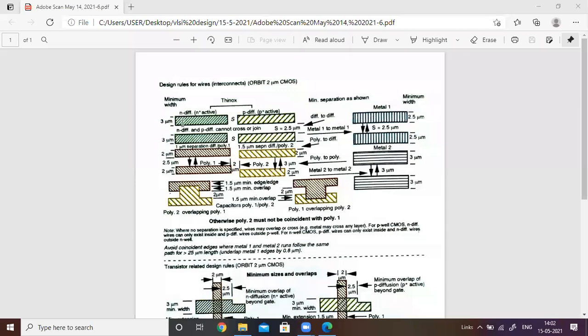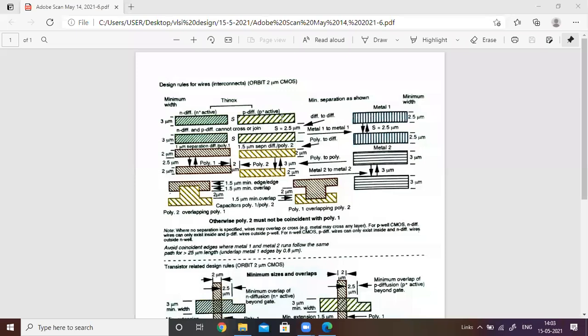The N diffusion has a minimum width of 3 micrometer. In Orbit 2 micrometer technology, the minimum width of the N diffusion is 3 micrometer; the maximum may vary.